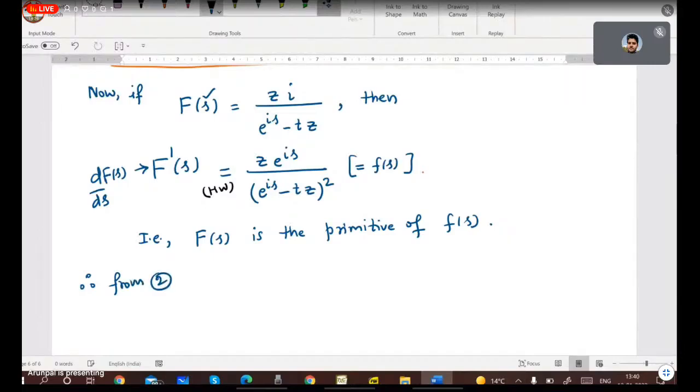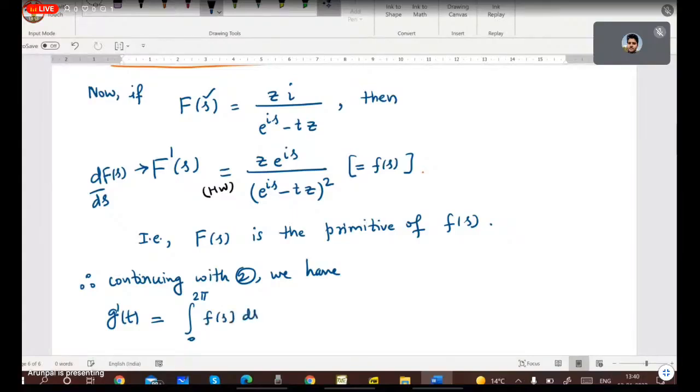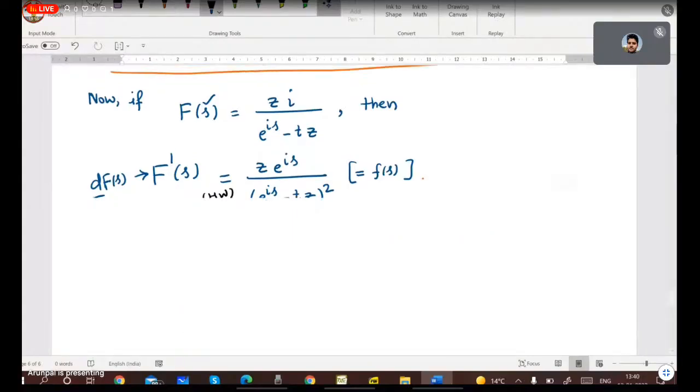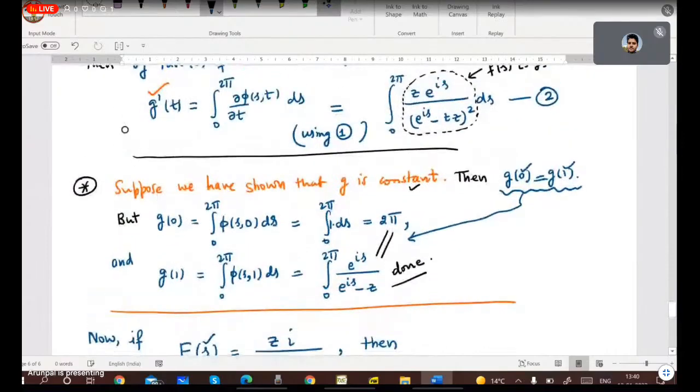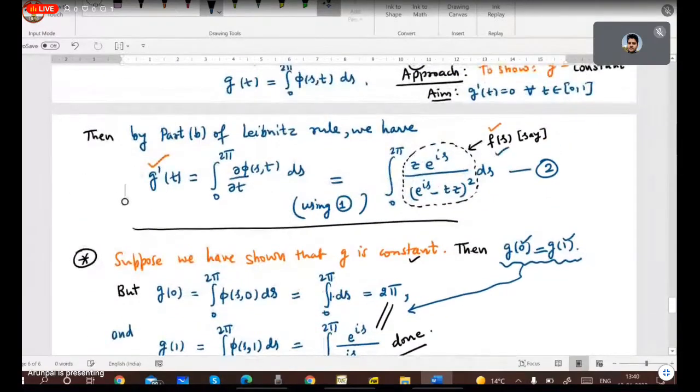Continuing with 2, what was 2, class? 2 was g dash t is equal to integral 0 to 2 pi f of s ds. Is this okay, class? Rather than writing that big expression, I have just written f of s for it. Is this okay, class?